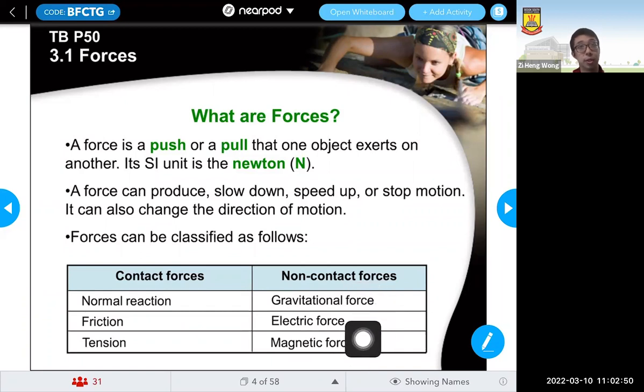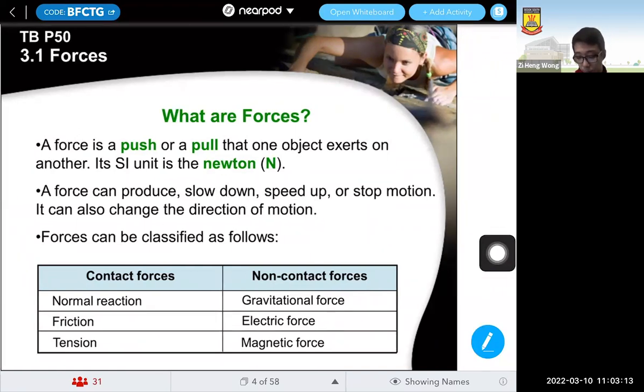For example, when two magnets repel each other, you don't need to be in contact. You are attracted to the Earth by the gravitational force. Even if you are floating in mid-air, you still experience gravitational field strength and gravitational force, even though you are not in contact with the Earth. The SI unit is Newtons.